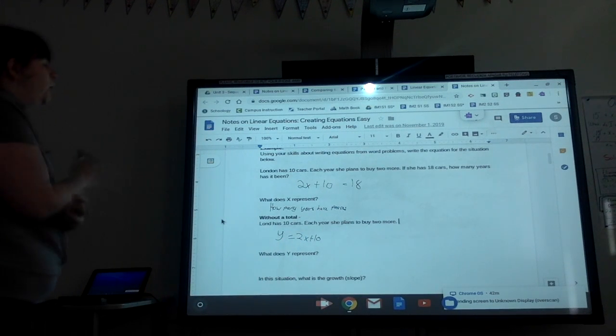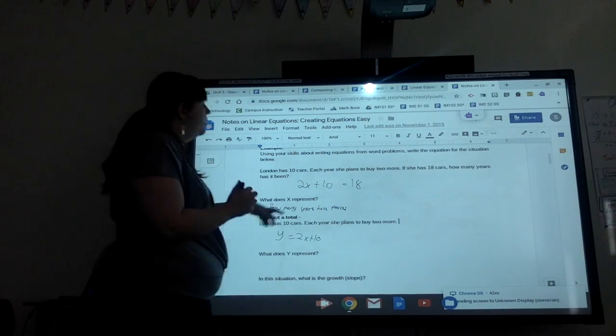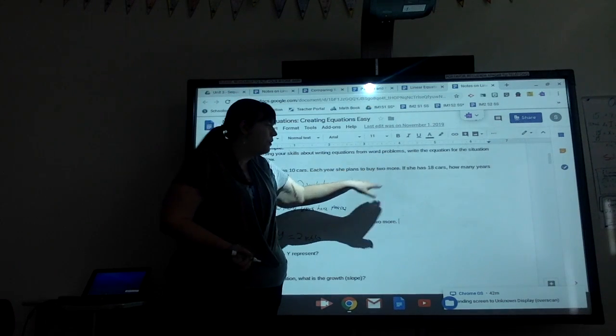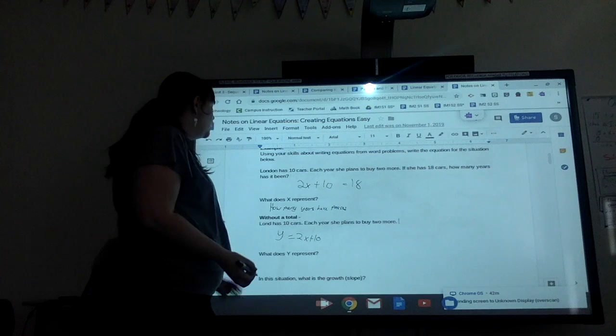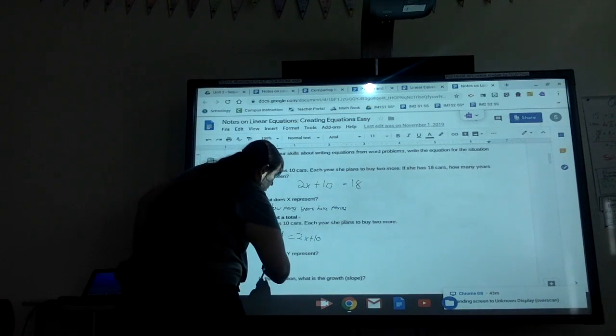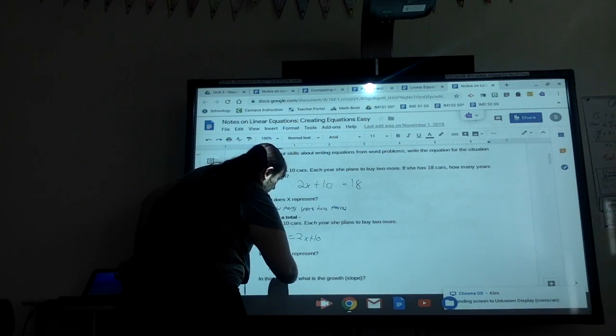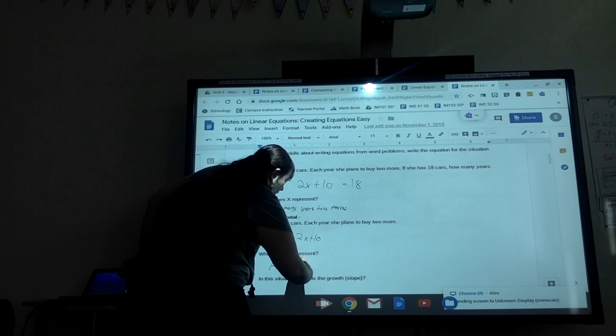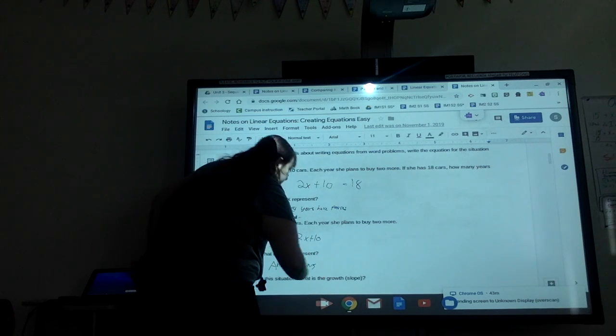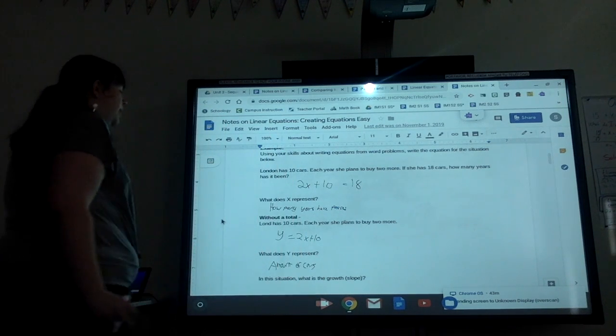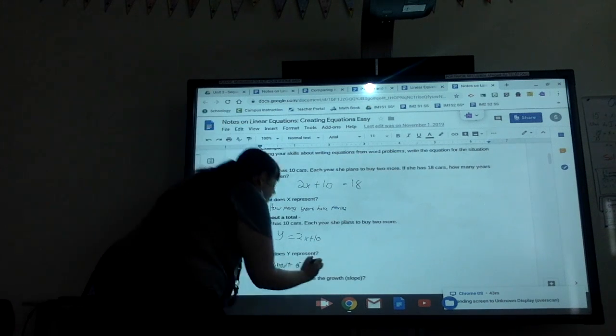So what was that y? Well, remember, the 18 was the total amount of cars she had at the end. So y represents the amount of cars she has at the end.